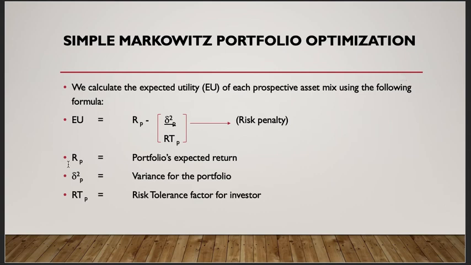We only have to calculate the EU and then find the highest EU, which means the highest EU brings the most optimized portfolio for the investor. In the next video, I will show you the Sharpe model of optimization. So that's all for this video. Thank you and Assalamualaikum.